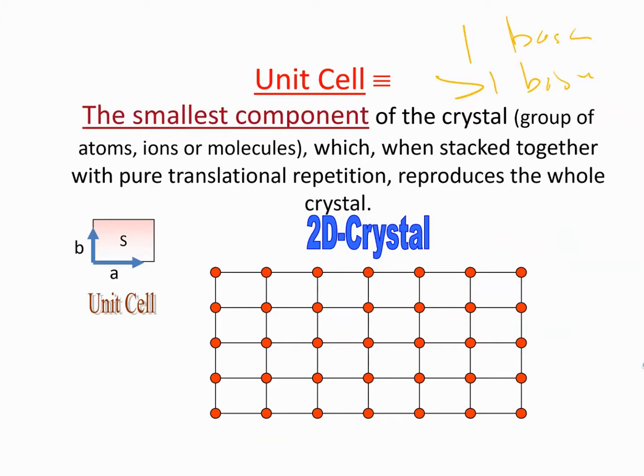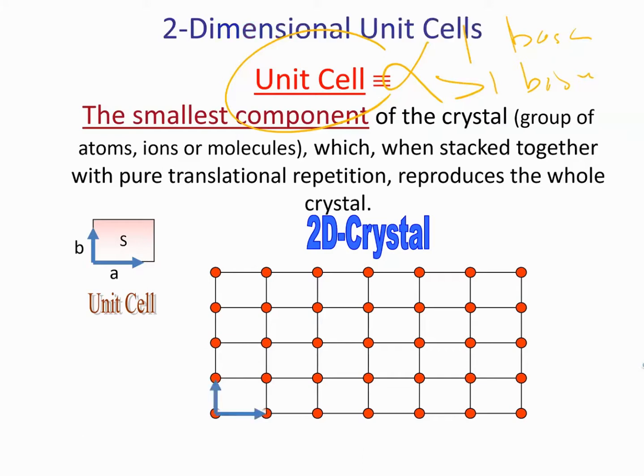Okay, unlike the primitive cell. For the primitive cell, there's always one lattice point and one basis. But for unit cell, doesn't matter. It can have more than one basis, can have more than one lattice point. Okay. So let's say this is the structure, then I pick this as the unit cell. Okay.